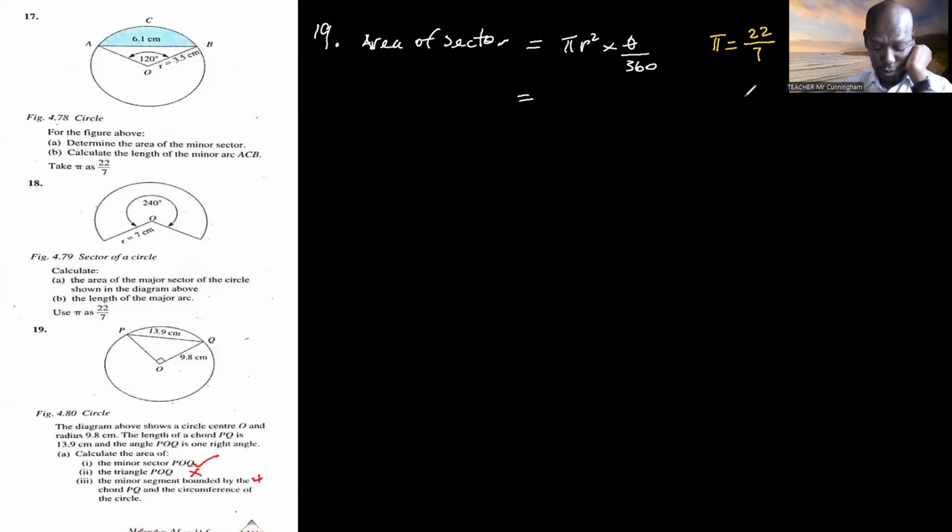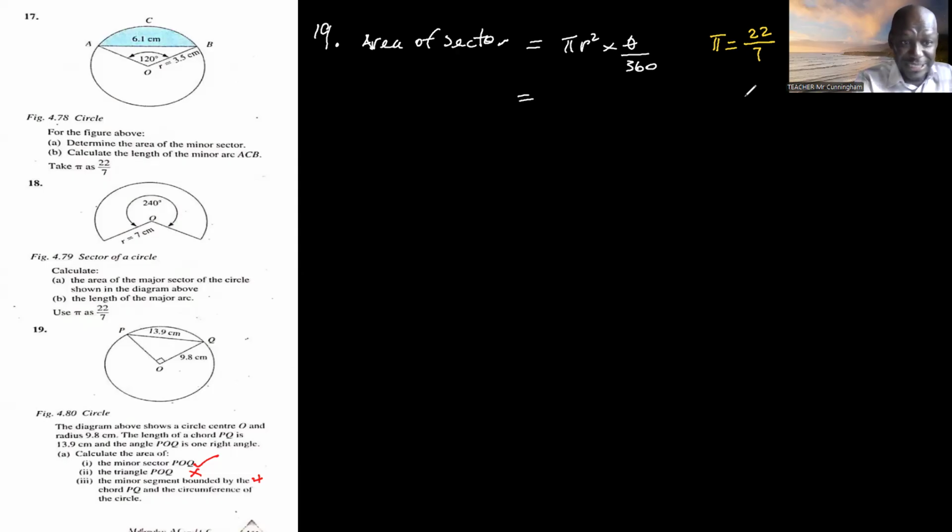So what would be the radius used? Look at your diagram. You tell me. Giving the answers to three significant figures. You're giving your answers to three significant figures, please.